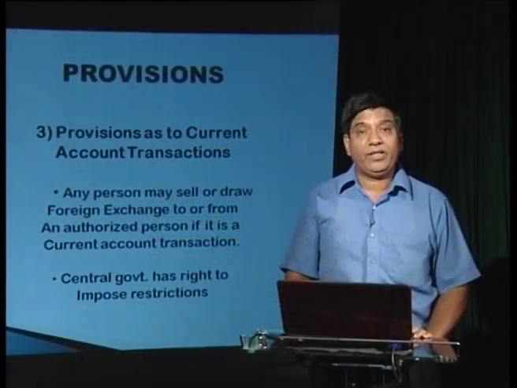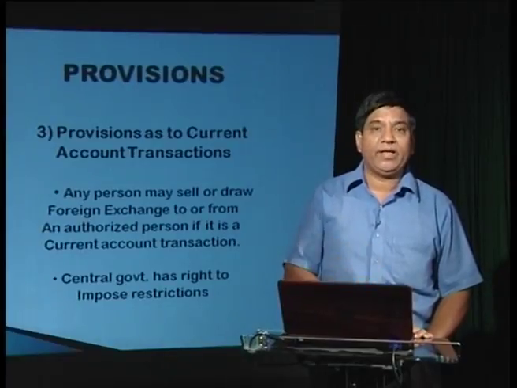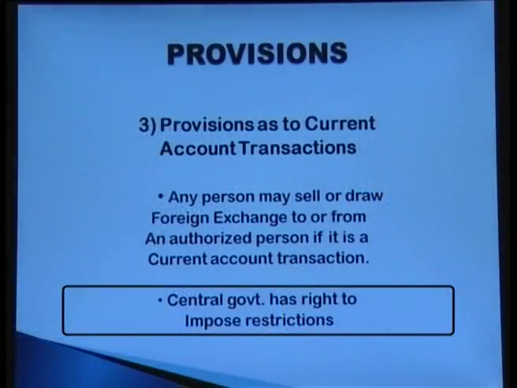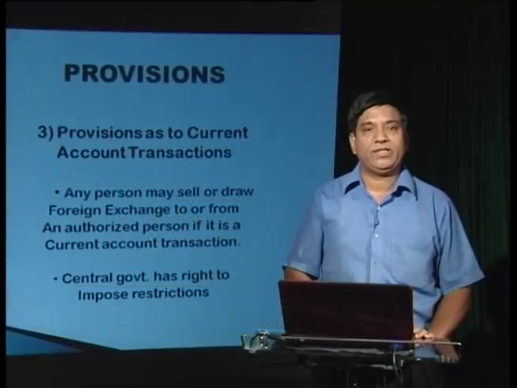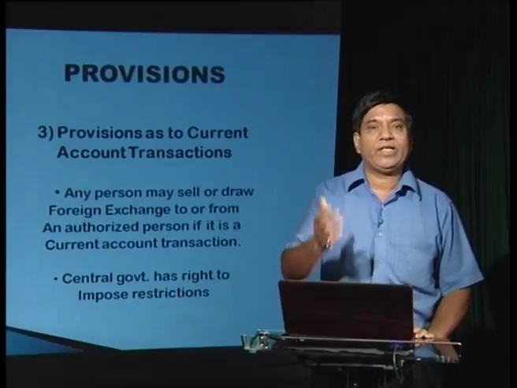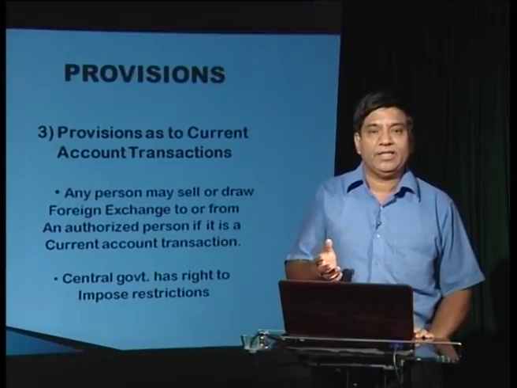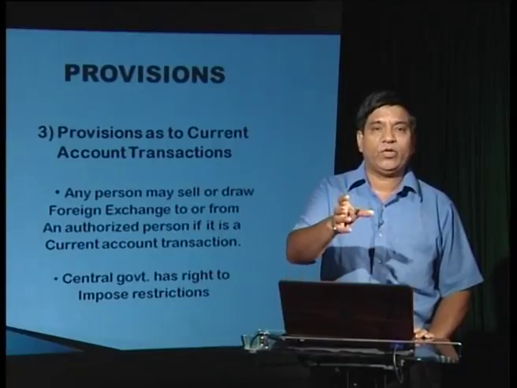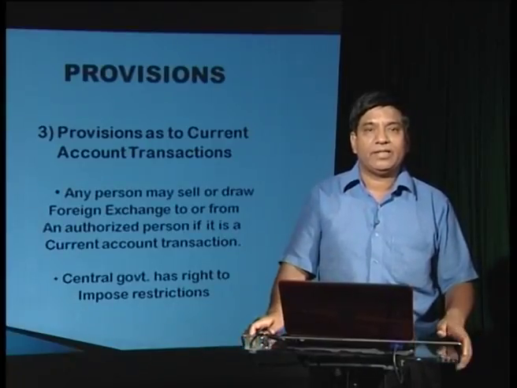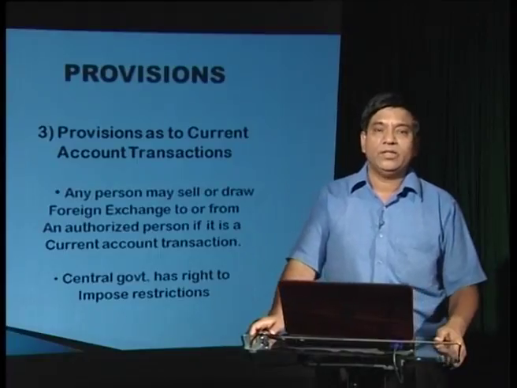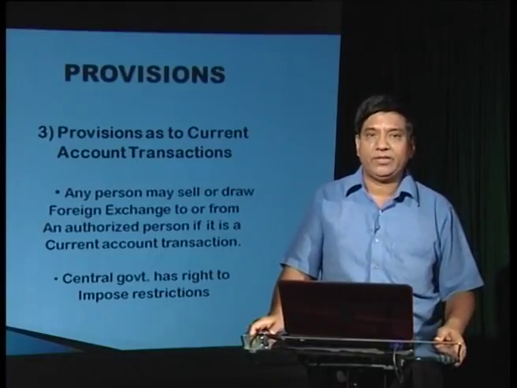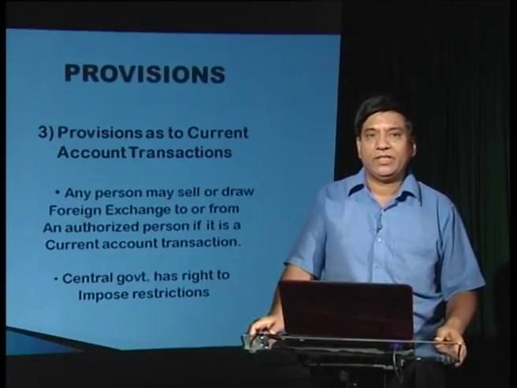But the central government, and especially the Reserve Bank of India, has the power to impose restrictions, and they do impose restrictions in cases such as where speculation is involved. For example, a foreign lottery encourages gambling, so that is not allowed as a current account transaction as per the provisions of this Act.